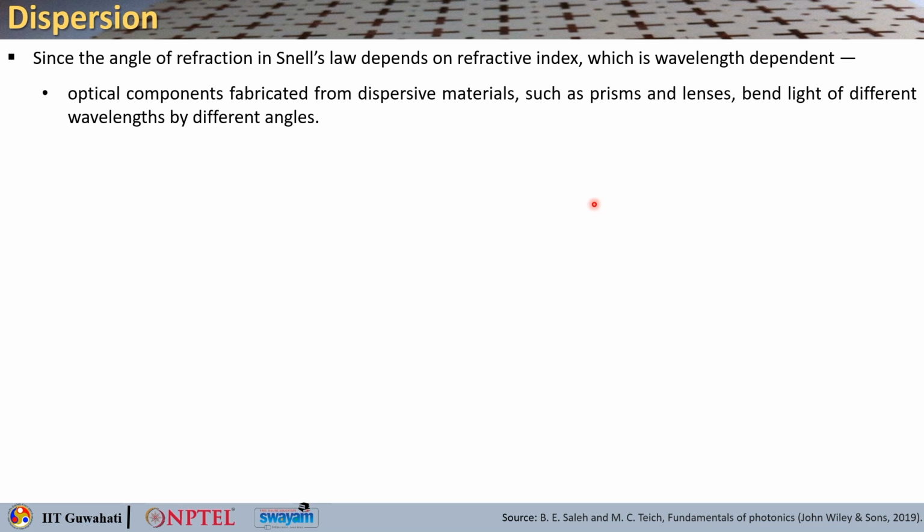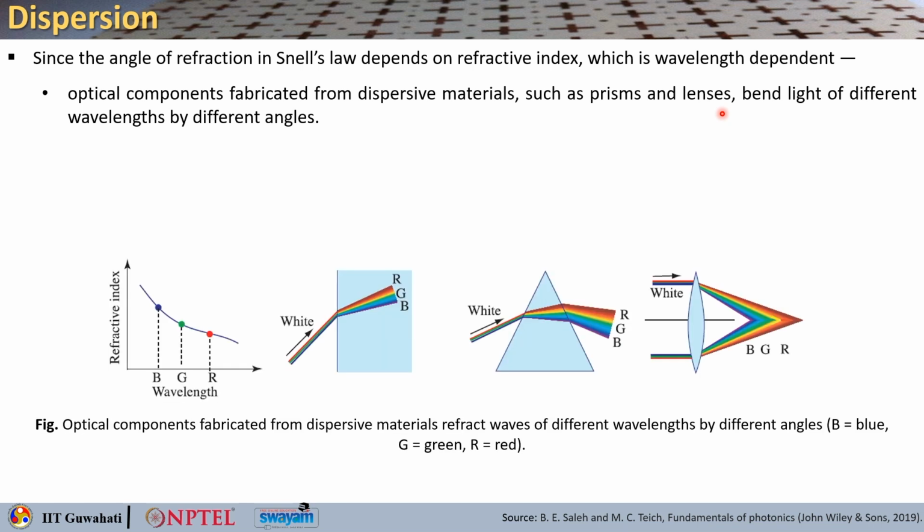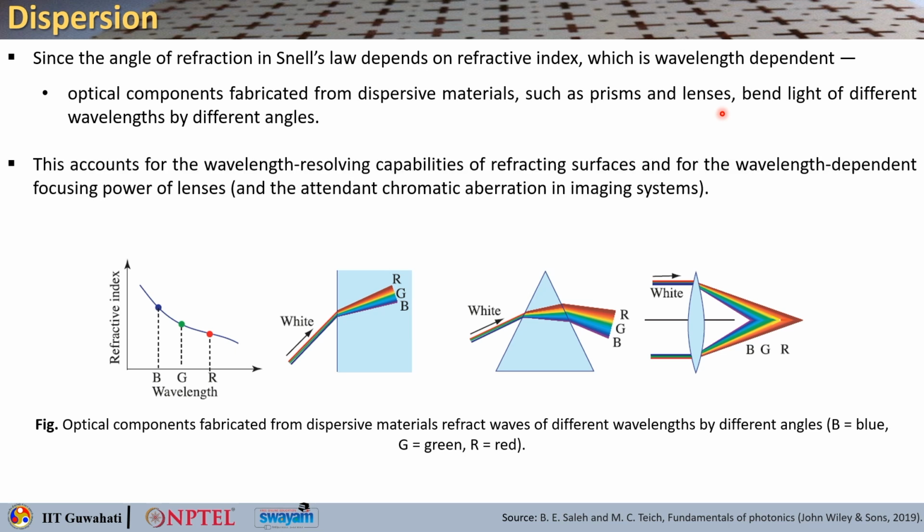Since the angle of refraction in Snell's law depends on the refractive index, which is also wavelength dependent, optical components which are fabricated from dispersive materials such as prisms and lenses bend light of different wavelengths by different angles, and that is why you see all these effects coming out.